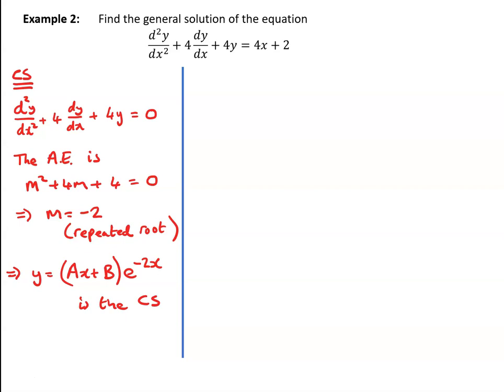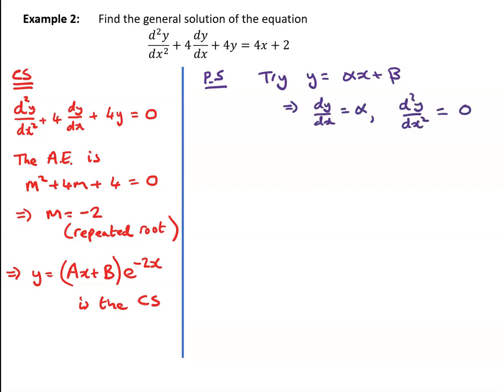The right-hand side is a simple linear function, so it might well be a good idea to try y equals alpha x plus beta to see whether there's a linear function which is a solution of the whole differential equation. Now if we've got y equals alpha x plus beta, then dy/dx is alpha, d2y/dx squared is 0.